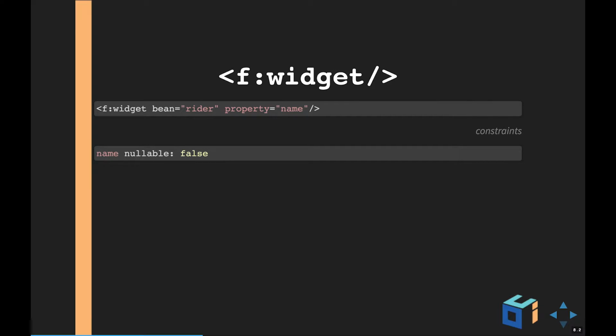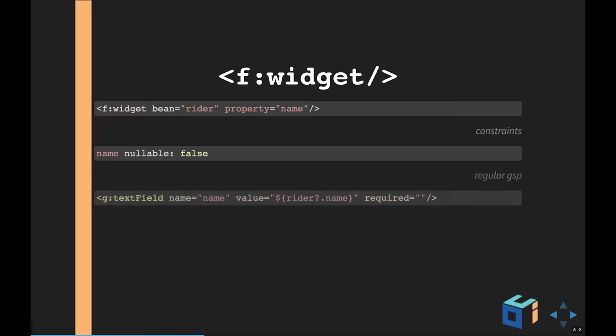So let's try and look at an example. We have the bean writer and property name, and we have the constraint nullable equals false. What that is equivalent to is rendering g:textField with name and the value from the writer bean's name property, and set the required attribute on the HTML.